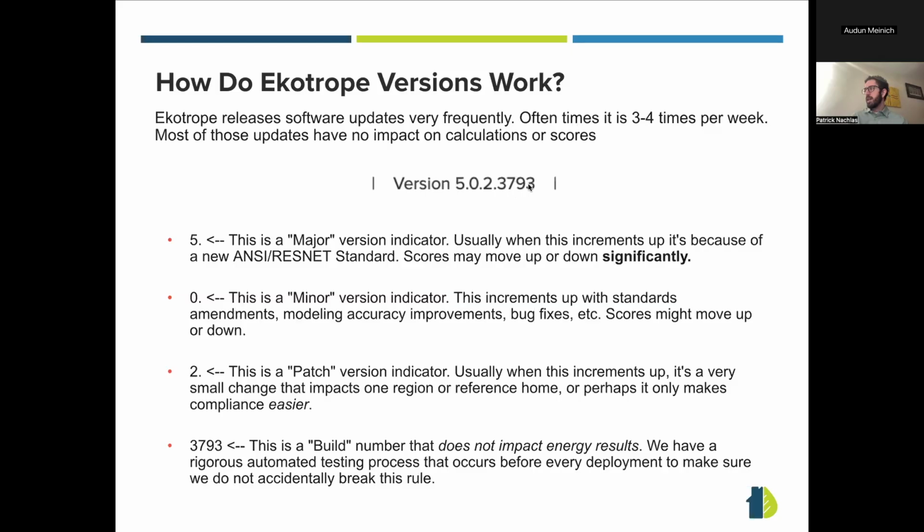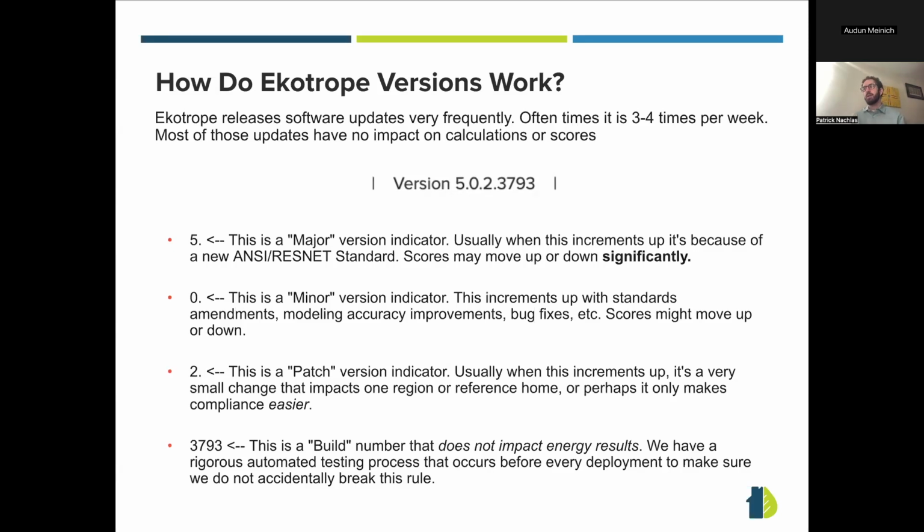This 3793 at the end, that is the build number. So that is not impacting compliance. That is just the build of Ekotrope for that day. That build number often will change up to 3 to 4 times a week as we release small tweaks. Version 5.0.2, that is the algorithm version, the energy calculation version.